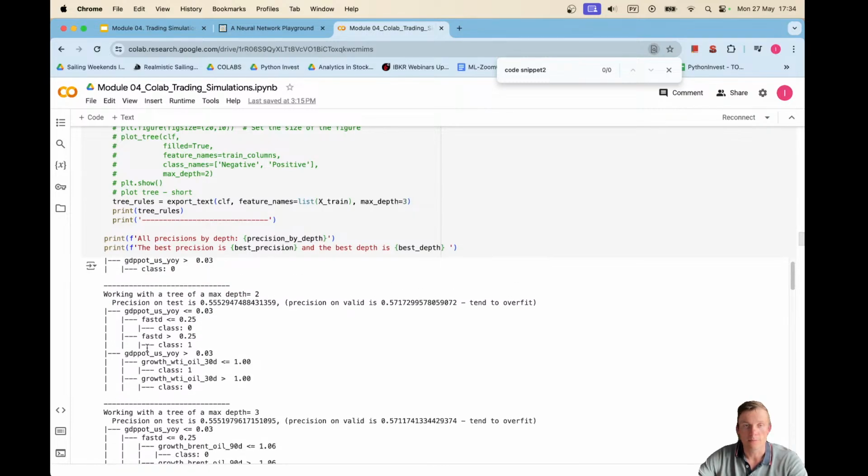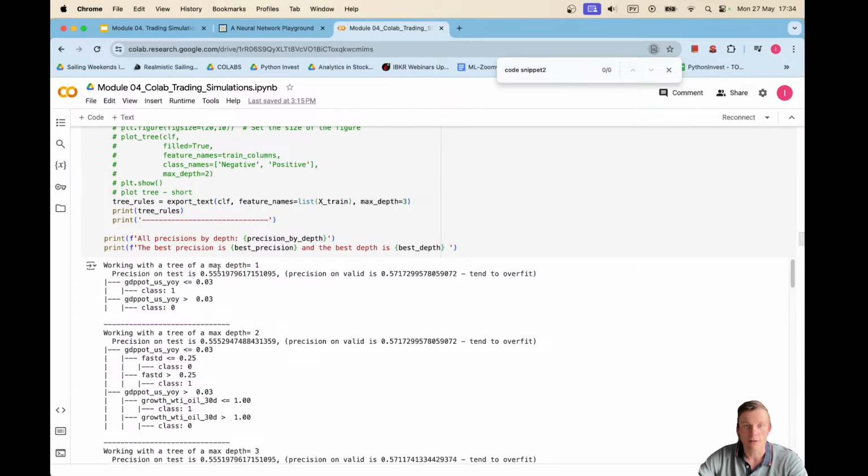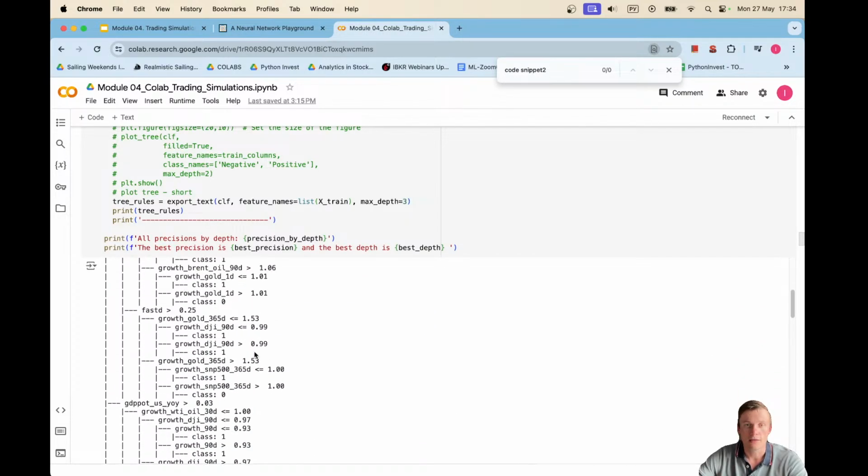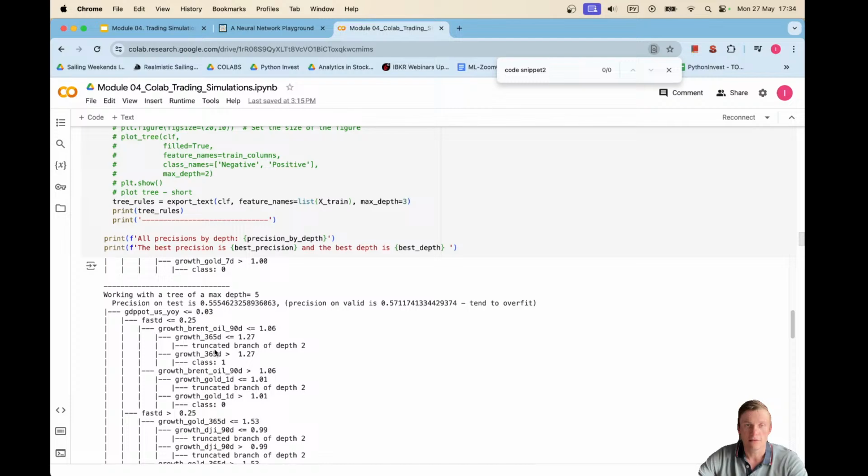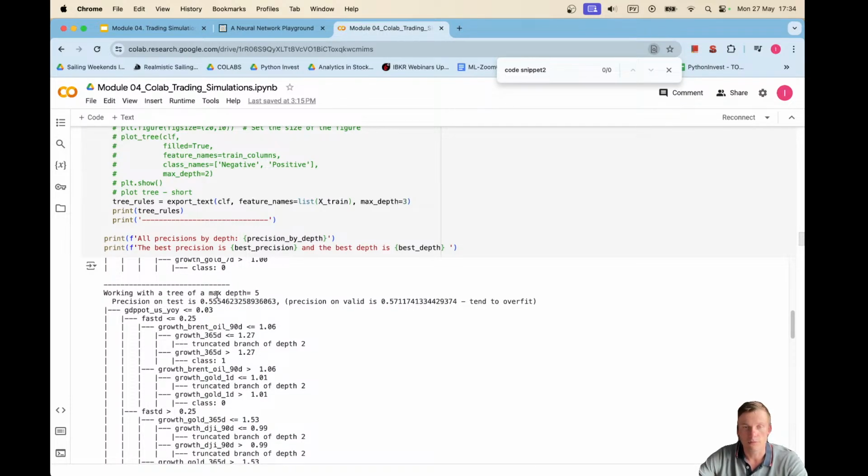So I can see here that I started from maximum depth number 1, maximum depth number 2, 3, and I limited all my models output with maximum depth number 3. So if my actual tree was maximum depth 5, I showed here only the top 3 layers of the tree, and then it said that it's a truncated branch of depth 2.